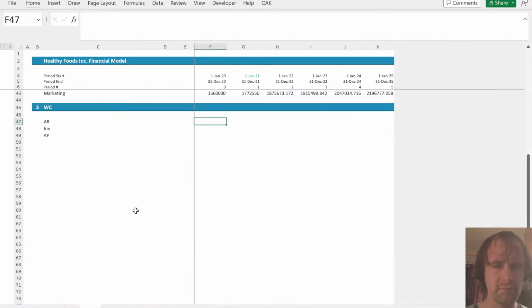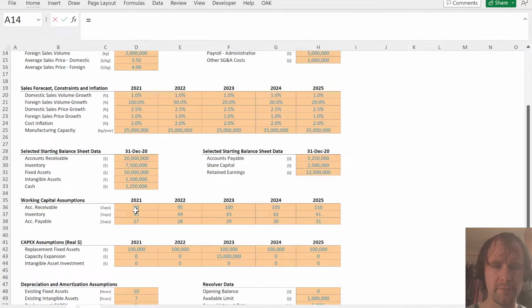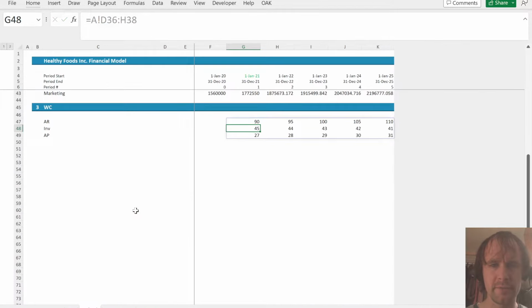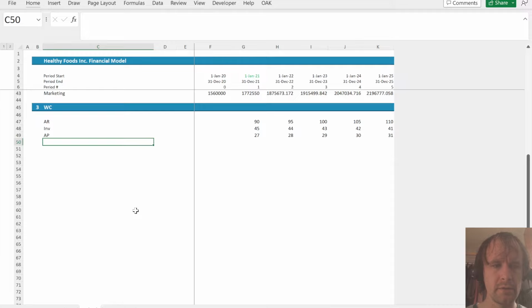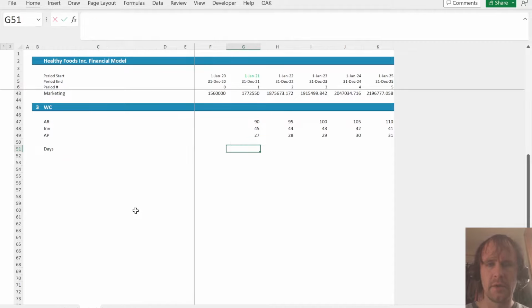So let's just make it there anyway. It'll make it a little easier to reference. So then the actual amounts. Oh, I guess I need days and year. So that's going to be this minus G4 plus 1. I don't know why I put brackets there. Not needed at all. Okay.